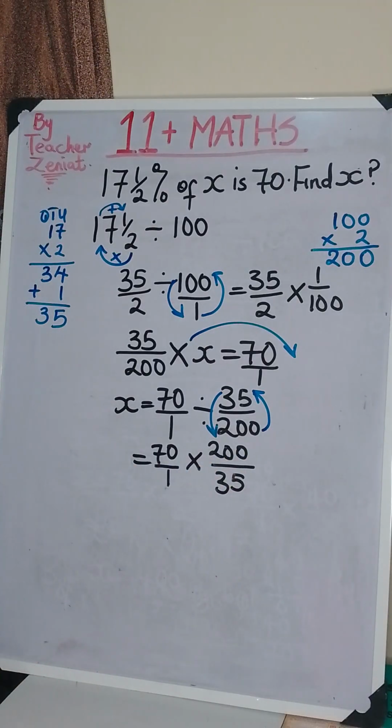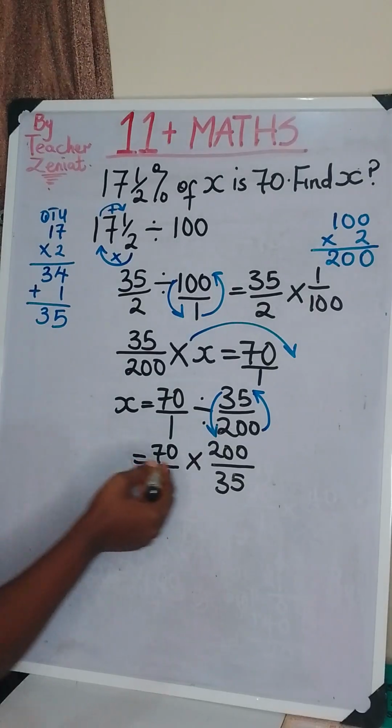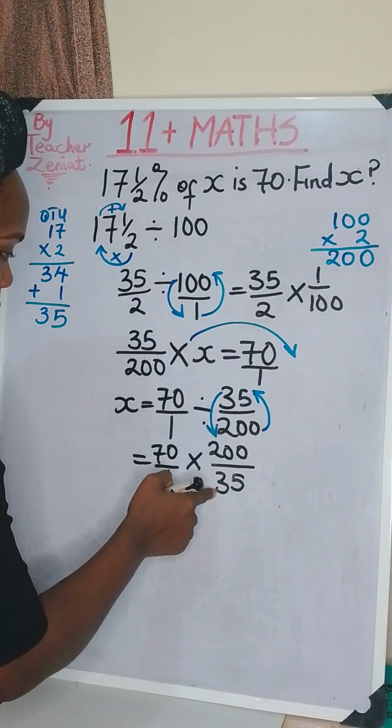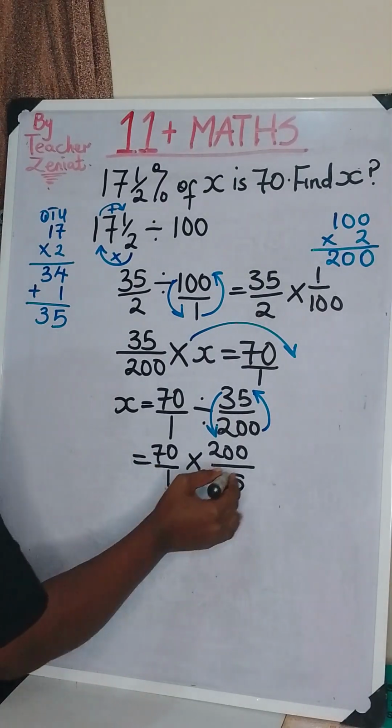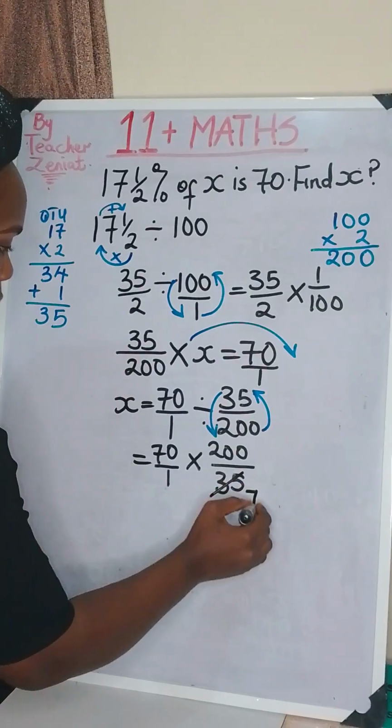Now that we have this, what should we do? Let's see what we can divide by. 5 goes into 35, how many times? We'll have 7.